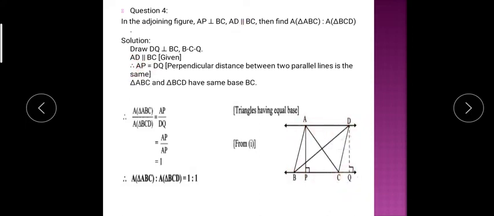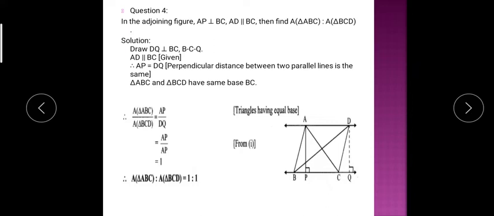All of you know that the perpendicular distance between two parallel lines is the same, and therefore AP is equal to DQ. It means that the heights of the two triangles are the same. If their heights are the same, their ratio is equal to their corresponding bases. So triangle ABC and triangle DBC: BC is the same base, as well as the height is the same, and therefore their ratio is 1:1.